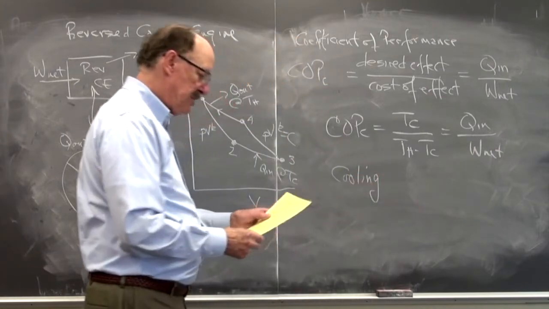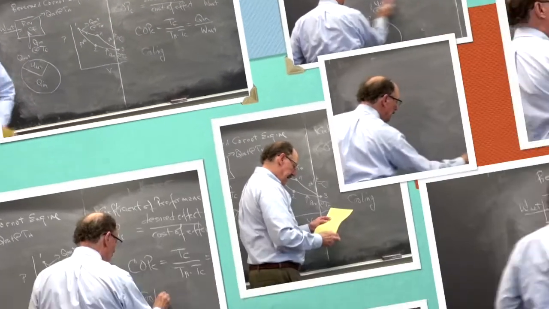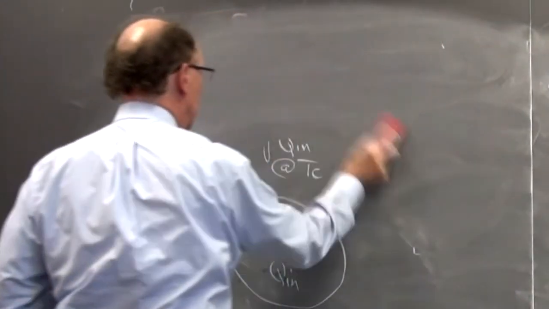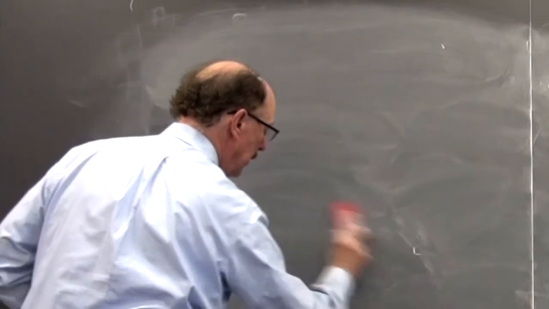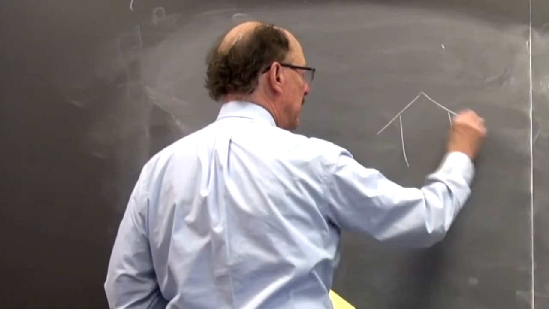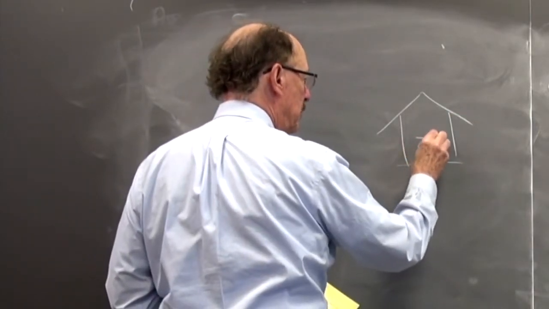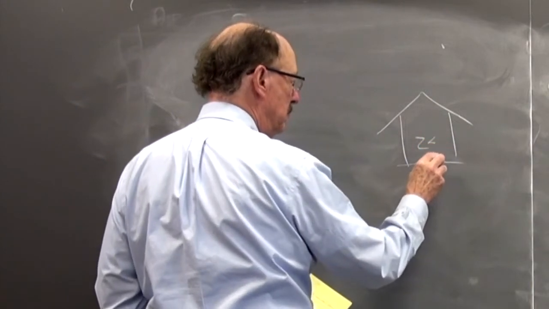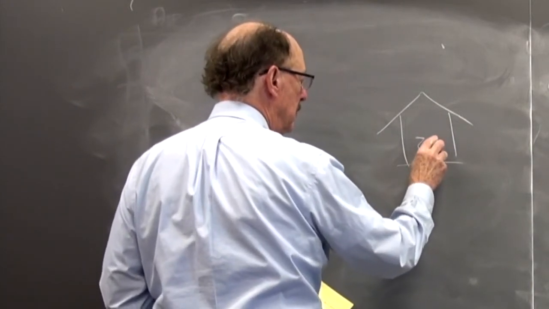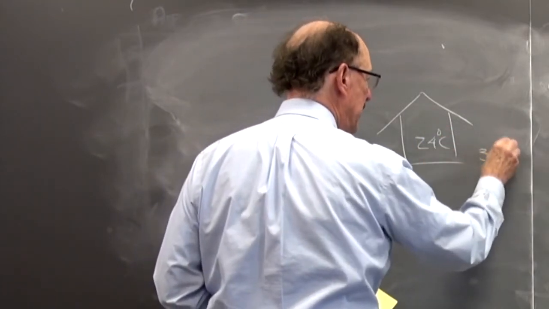And let's just think about what that might look like. So let's say that we have a house. So here's the house, and we want it at 24 degrees C. And let's say that it's 32 degrees C outside.